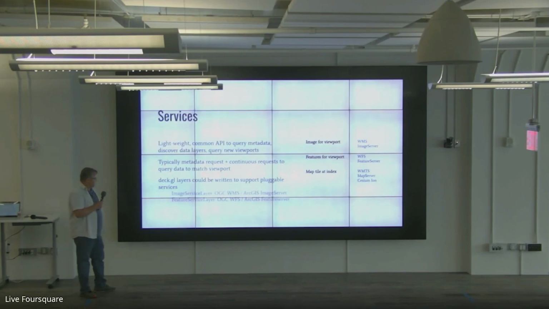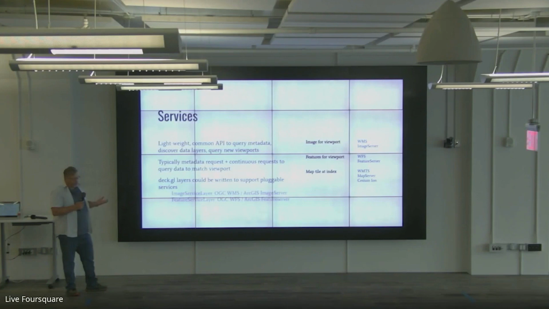Esri's ArcGIS has a set of basically similar services that's maybe a little bit more modern. Cesium has services for 3D tiles and so on and so forth. And in the same vein, working with these services also typically requires doing multiple requests. As we can see, there's a pattern between these services.